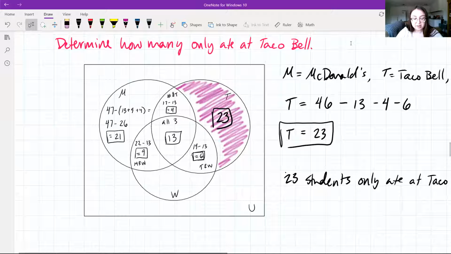Now we can find the value of the people that only ate at Wendy's. We filled in already, previously, every other circle that also contains Wendy's, so we can just find that number.